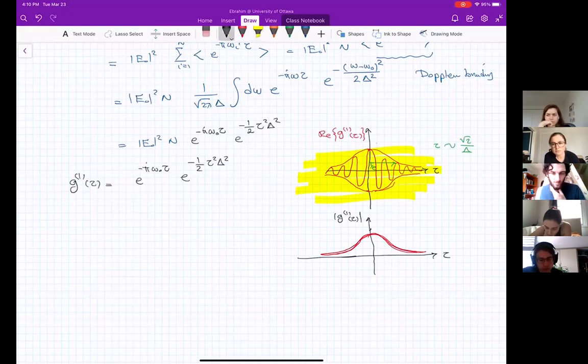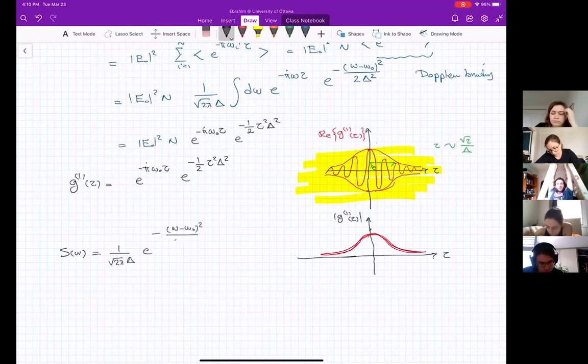And now, again, you can use the theorem and calculate what S(ω) is. I think I have done that as well. S(ω) is given by, gosh, let me see. You can do it at home; it's not really a difficult task. It is 1 divided by the square root of 2π Δ, e to the power of minus (ω minus ω0) squared divided by 2Δ squared.